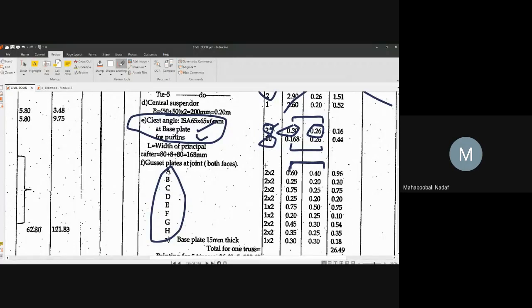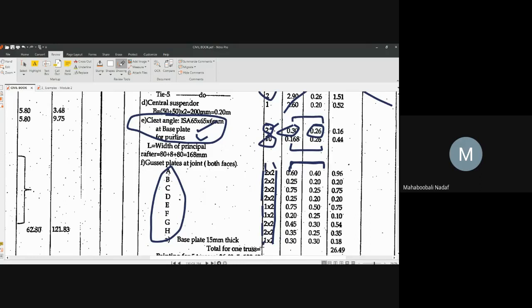Now, what is this first 2 and what is this second 2? Can anyone tell me? This 2 is 2 sides. This 2 is 2 coats of paint. All the 2 on the second part is because that is 2 coats of paint. Here some items are 2, some plates are 1, again some are 2, and some are 1.